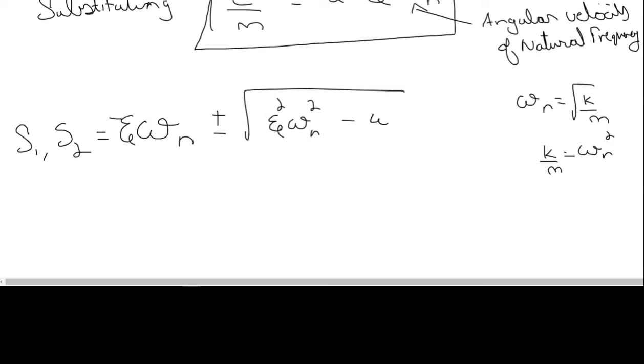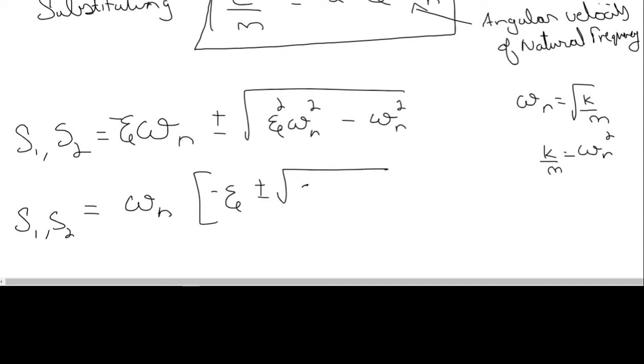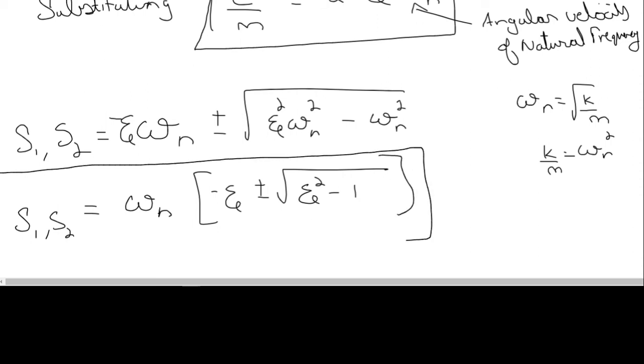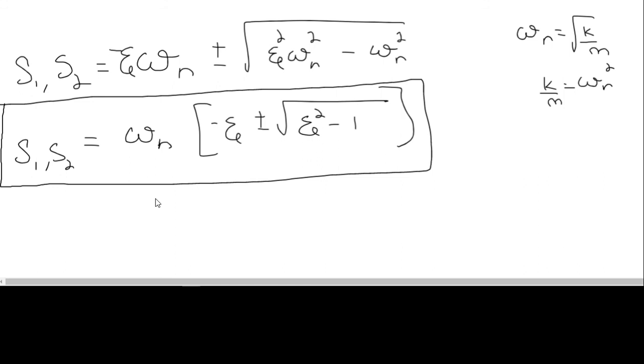So substituting that, omega n square, we can finally get s1 comma s2, that are the roots of that equation, as omega n is common, so I'm taking omega n, and inside we will be left with minus epsilon plus or minus root of epsilon square minus 1. This is an important equation for solving numericals, and also to define what is damping, over damping and under damping conditions.